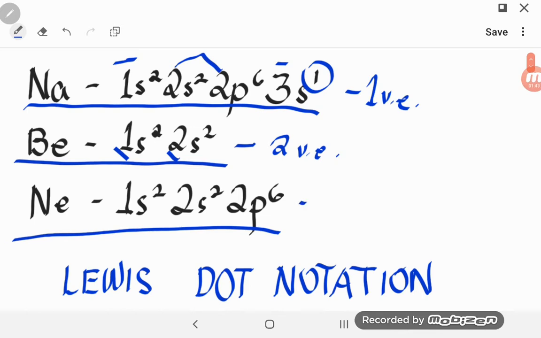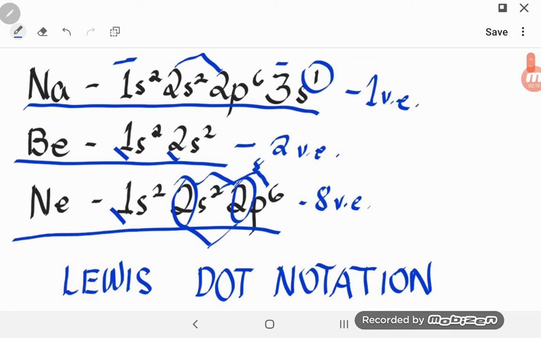The neon has 1 and 2 energy levels. If you are going to add electrons found in the 2 energy levels, we have 6 plus 2, we have 8. Meaning to say, the valence electron for neon is 8. So that's very easy.